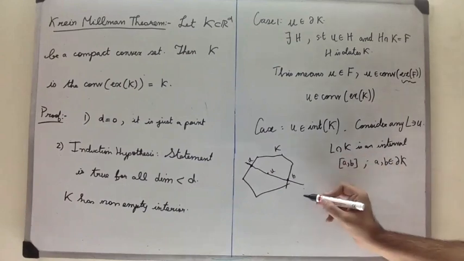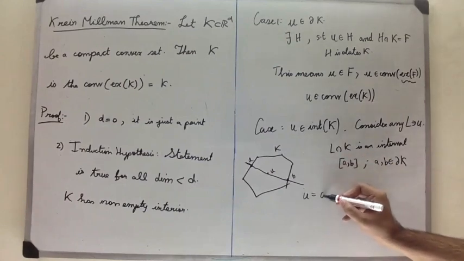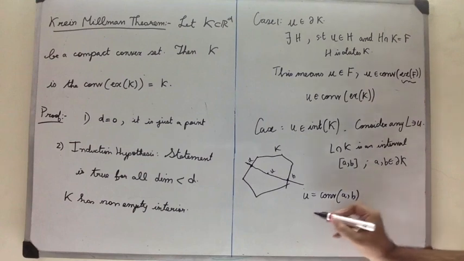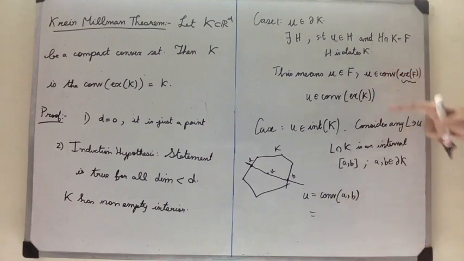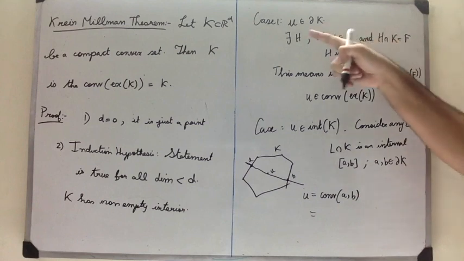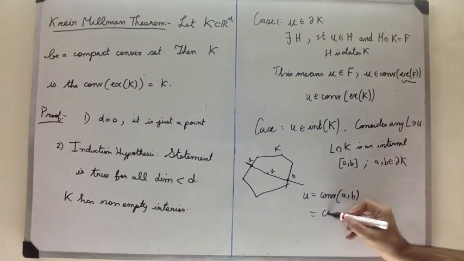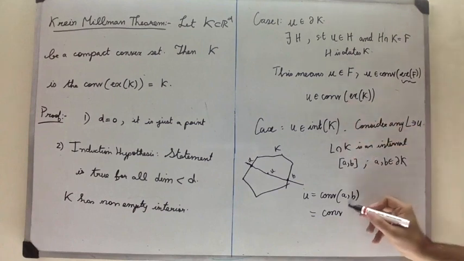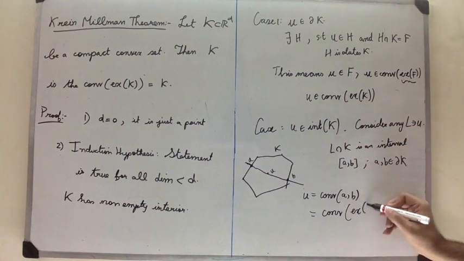This means in particular that u can be written as a convex combination of a and b. And since a and b both lie in the boundary, from the first case, they can indeed be written as a convex combination of extreme points of K. So we are done.